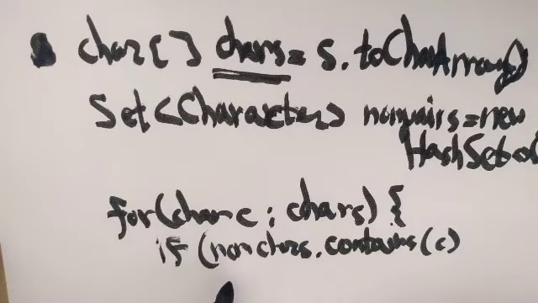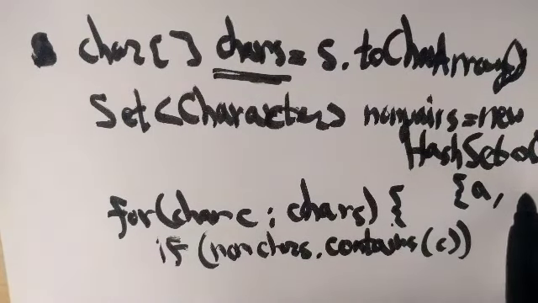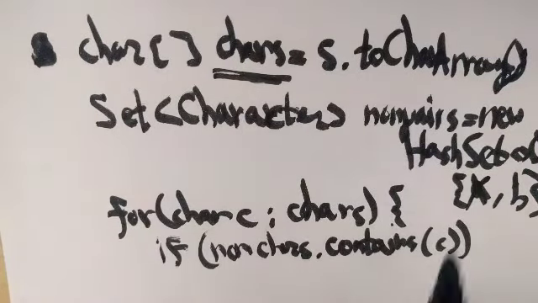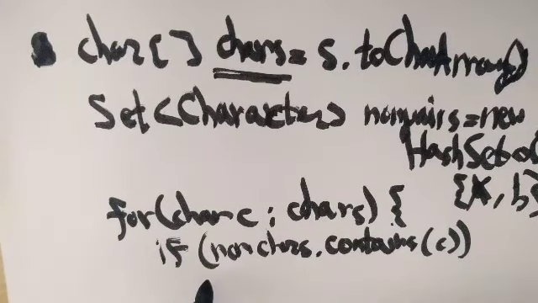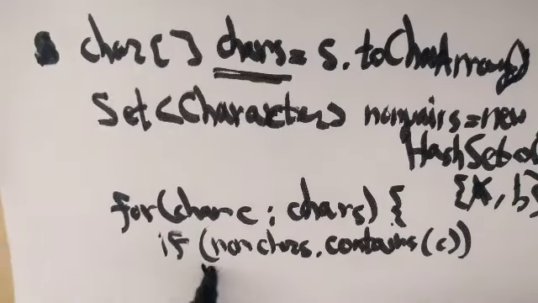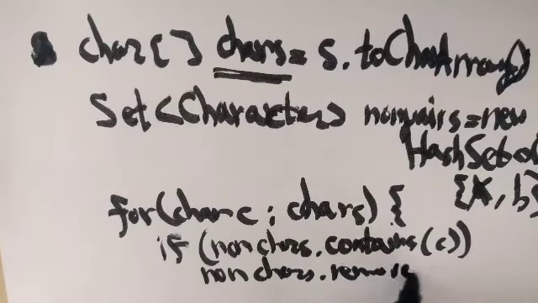If it doesn't contain it, we need to put it. If it contains it, we remove it. So if you remember, when it contained something and we saw it again, we removed it. So we see it again, it contained it, so we remove it. The removal would be nonPairedChars.remove(c), and if it's not there we simply add it.